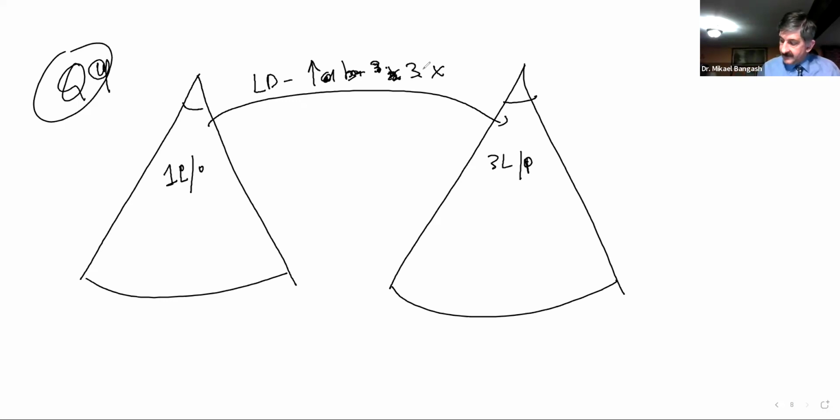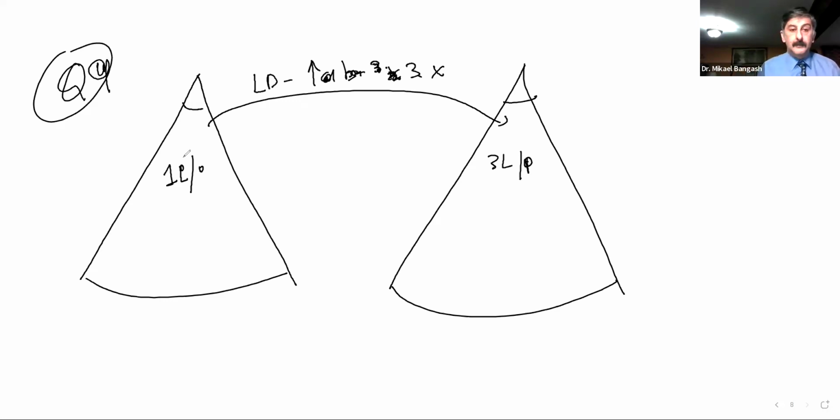Which is most likely going to be the consequence of this action? Increasing the line density could have been from 2 to 3, or from 4 to 6, whatever. That's not the question here.